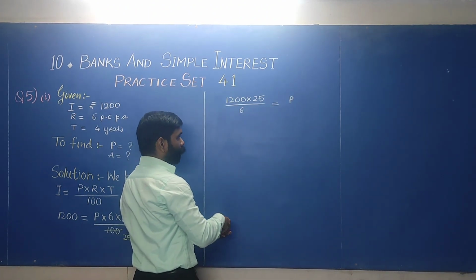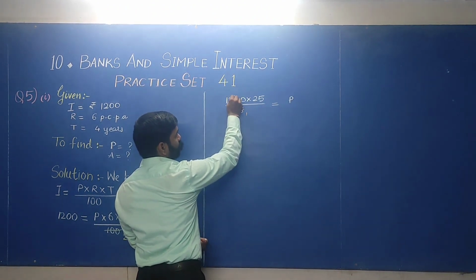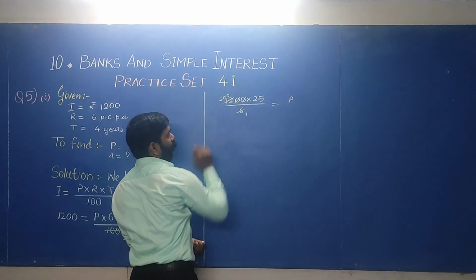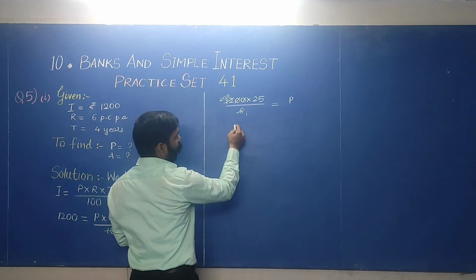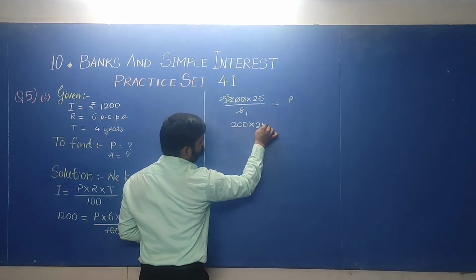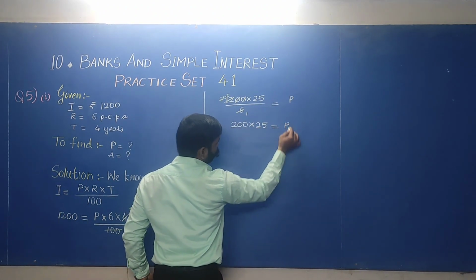Now again we are going to cancel 6. 6 ones are 6. 6 twos are 12. 0 0 added. Okay. Now we will have 200 multiplied by 25 is equals to P.